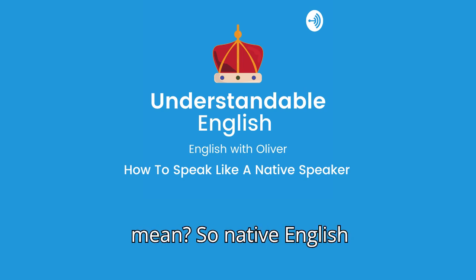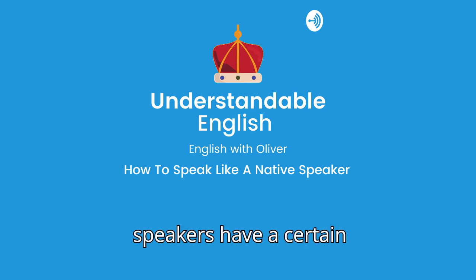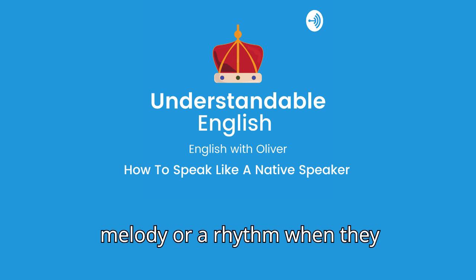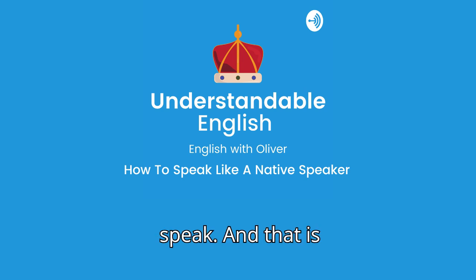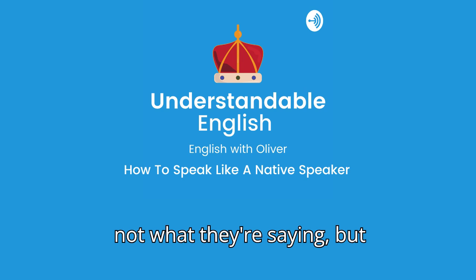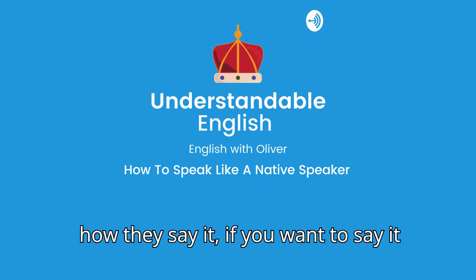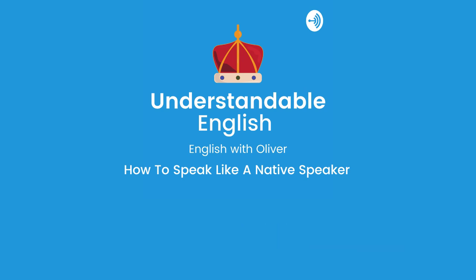What does that mean? So, native English speakers have a certain melody or a rhythm when they speak. And that is not what they're saying, but how they say it.